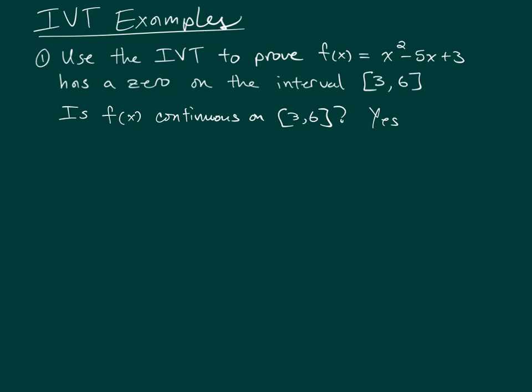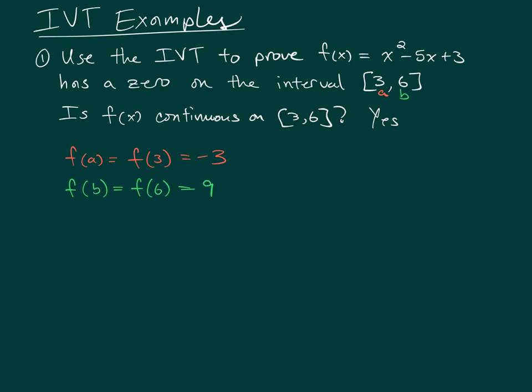The next thing we need to do is find out what are the y values at the endpoints. So we need to find f of a, which is f of 3, here's a, and that is equal to negative 3. We also need to find out what is f of b. F of b equals f of 6, which is 9.